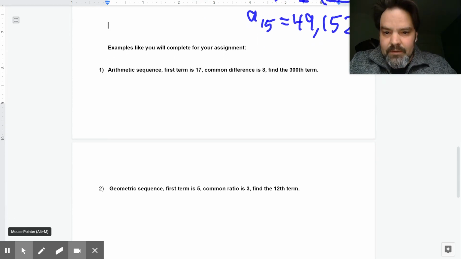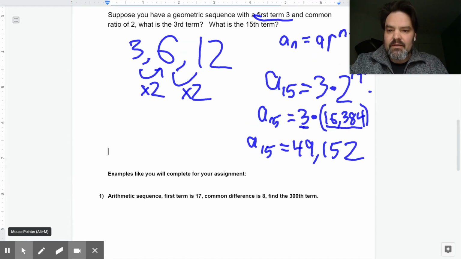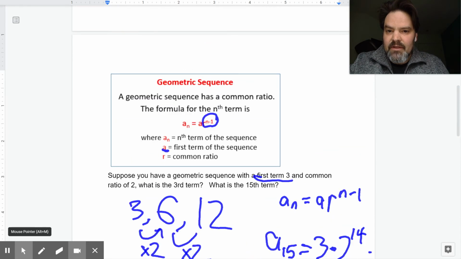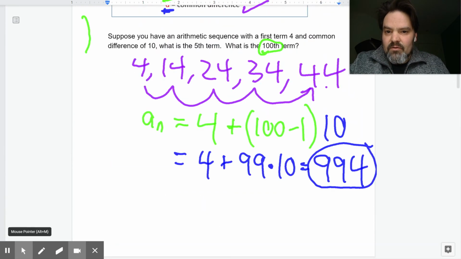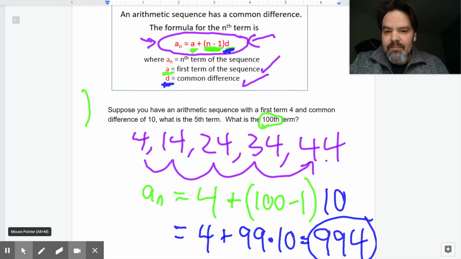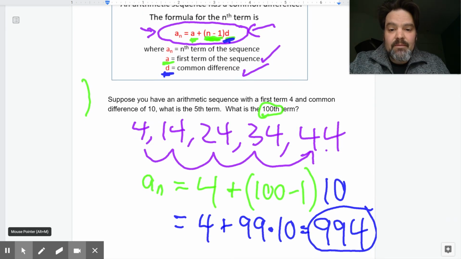So for number 1, the first term is 17. So I'm looking for the 300th term. So according to the formula, and if I were to go back up, I can look at the formula at the top here. It's going to be basically the initial thing plus n minus 1 times the common difference.